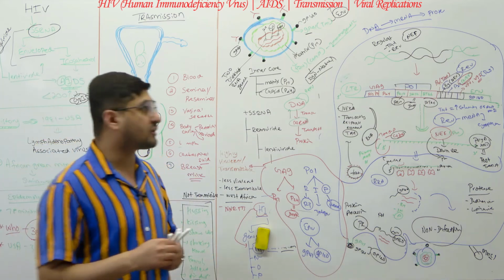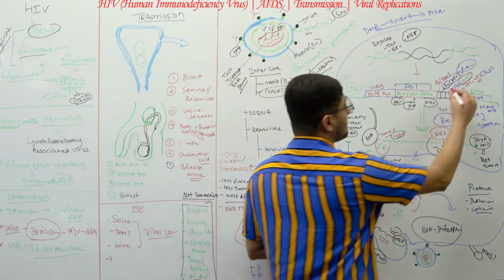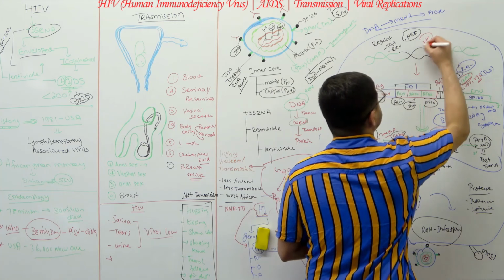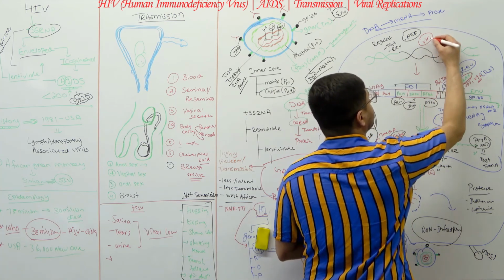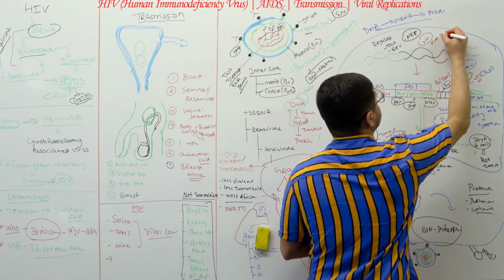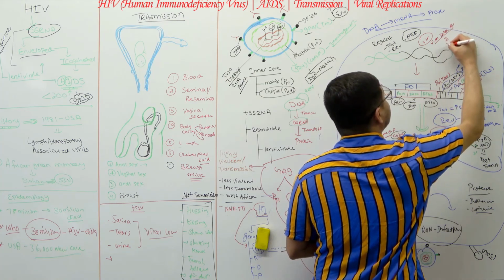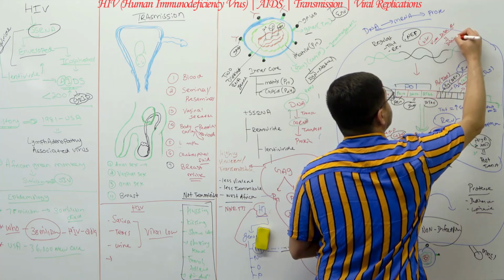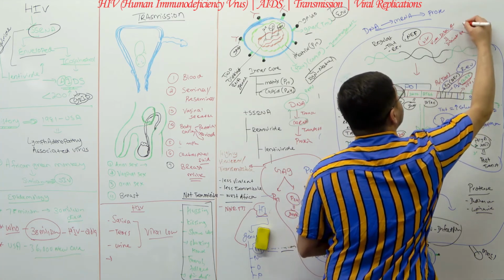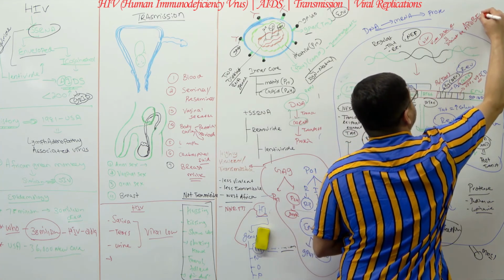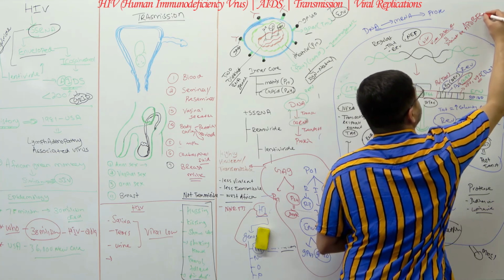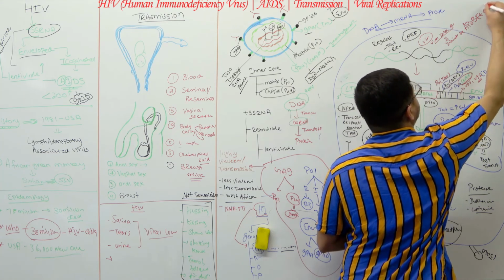And also, if you want to remember, you can also remember this Vif, which is viral infectivity factor. And what does this do? It basically inhibits the role of APOBEC3.